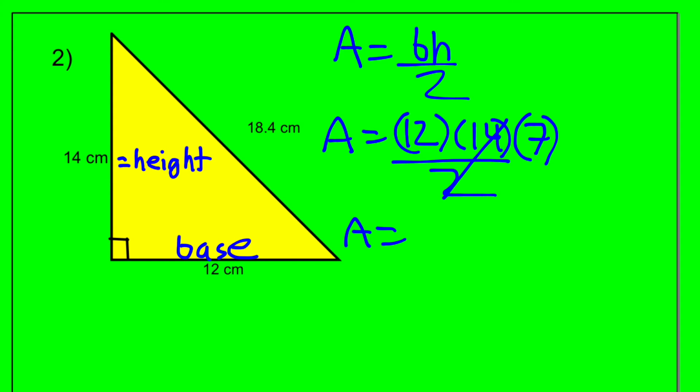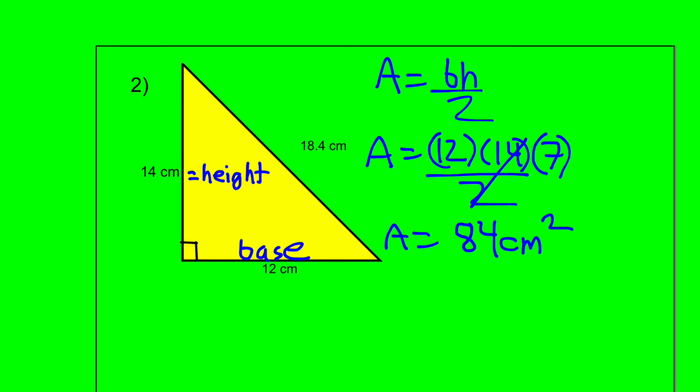And I'm going to do 12 times 7. Well, I know 10 times 7 is 70, and 2 times 7 is 14. So that's going to be 84 centimeters squared for the area of that triangle. And that's how we calculate the area of a triangle.